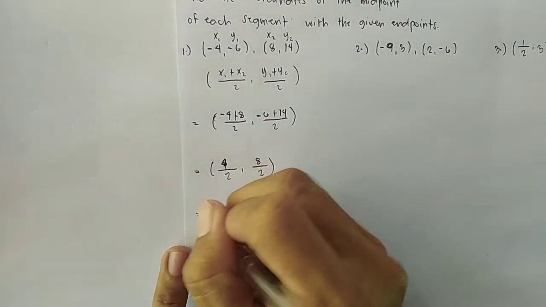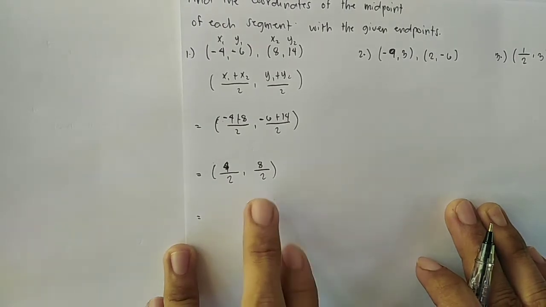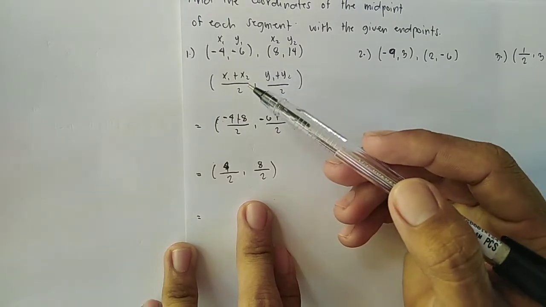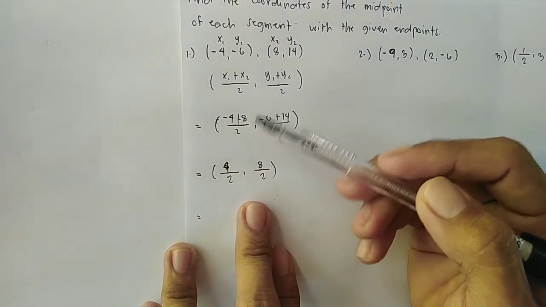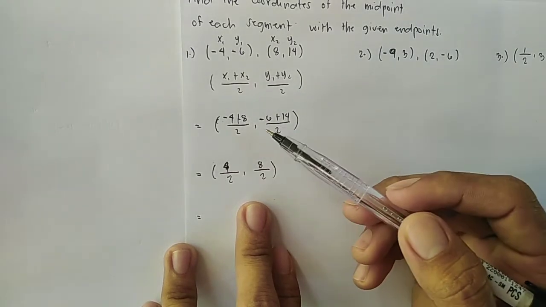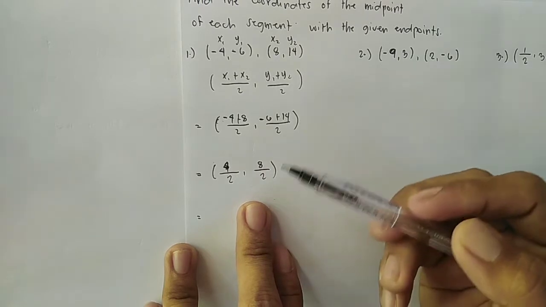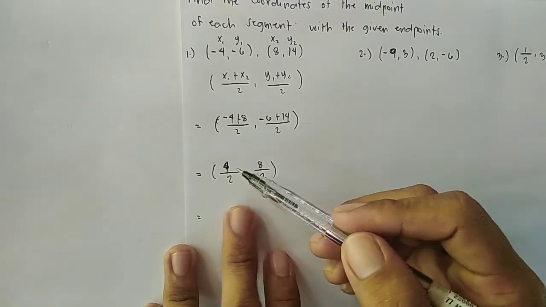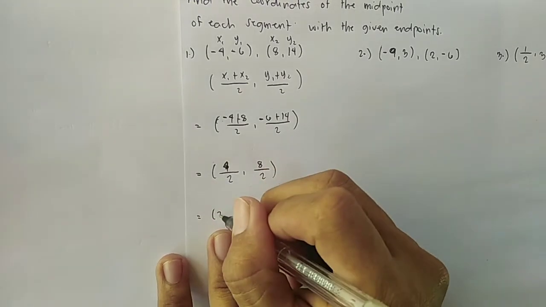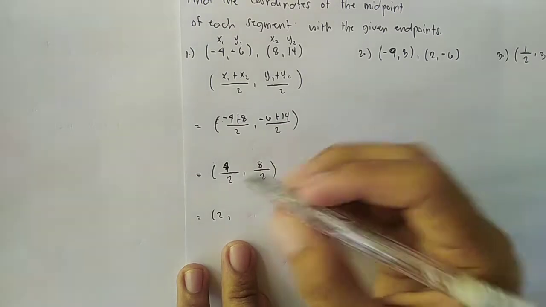This is very simple if we are using whole numbers. It is important that you know how to substitute and identify the values, and that you are familiar with the proper way of adding integers with negative and positive signs. So 4 divided by 2 is 2, then 8 divided by 2 is 4.